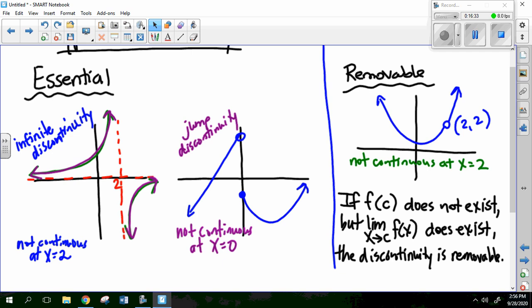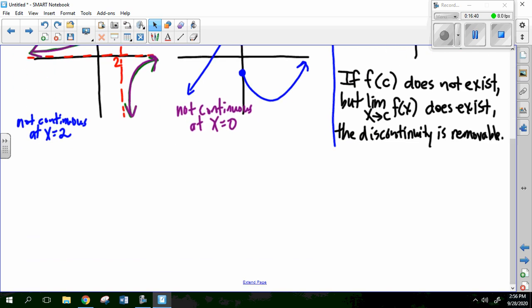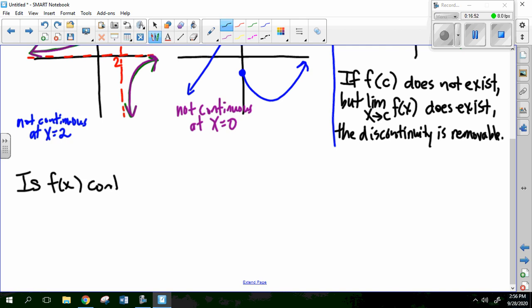Okay, so let's extend our practice problems. So I still want to know, is f of x continuous? Okay, if not, where?